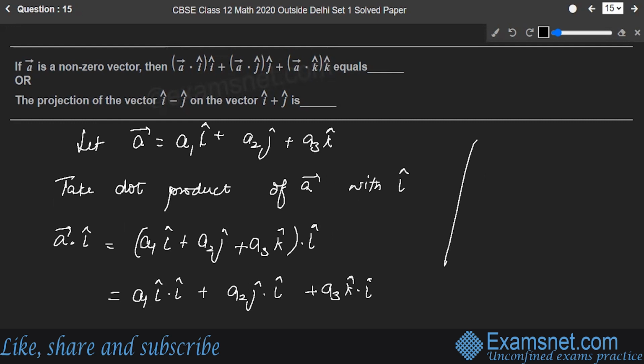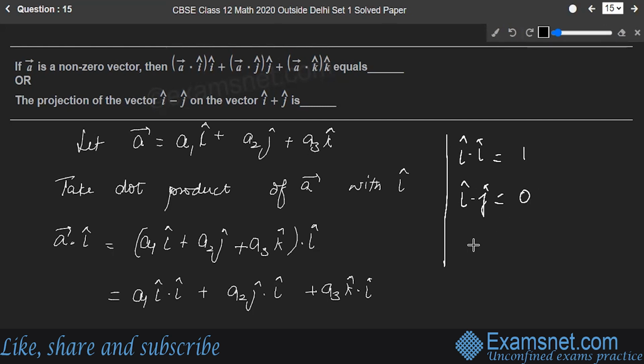You know one thing: the dot product of two same unit vectors is equal to 1. The dot product of two different unit vectors is equal to 0 because the angle between them is 90 degrees. Similarly, j dot k is also equal to 0. Cos of 90 is equal to 0, and cos of 0 is equal to 1.